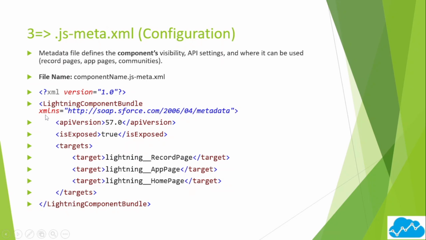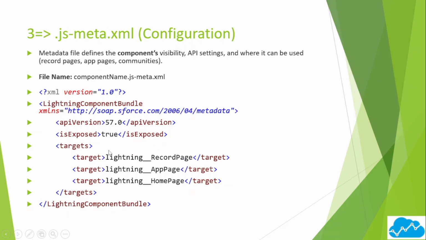In it, xmlns equals a URL is given, then apiVersion, the version it is having. isExposed we make true; by default it is false. Then the isExposed closing tag.